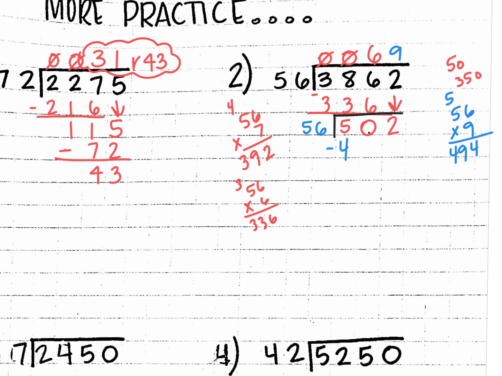Did I do that wrong? Yeah, I got 56 times 9 is 54, and then 45. Yeah, oh, it's 5. Ugh, that's why I'm like, something looks weird. Okay. Oh, it's too much. It's too much. Do you see?